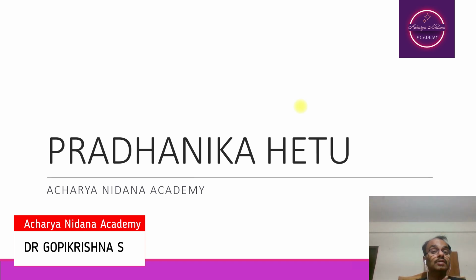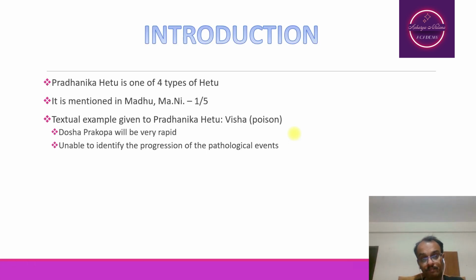That is the reason the disease manifestation will be the weakest, or otherwise the disease may not be present. Whereas Pradhanika Hetu is the one considered responsible for the rapid development of the disease or dosha vitiation. Pradhanika Hetu is one of the four types of Hetu mentioned in Madhava Nidana: Sannikrishta, Viprakrishta, Vyabhichari and Pradhanika.